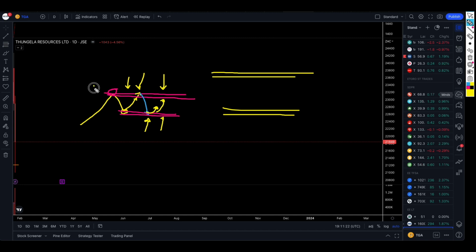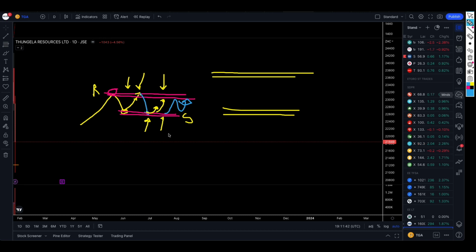This one at the top is called the resistance level, and the one at the bottom is called a support level. This is the kind of price action we normally see in the market, the price bouncing up and down between the support level and the resistance level.